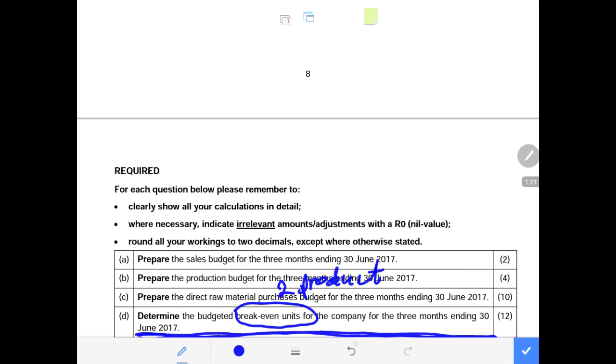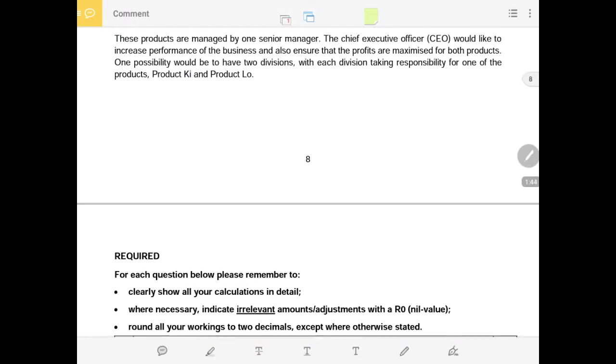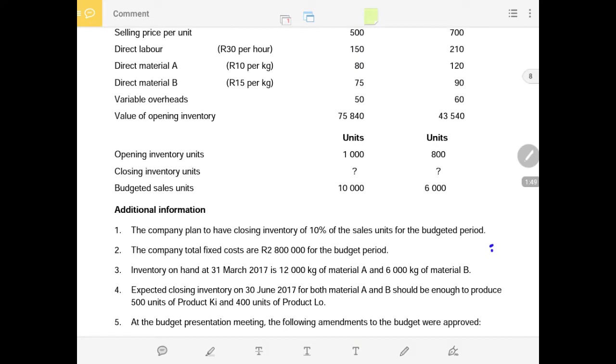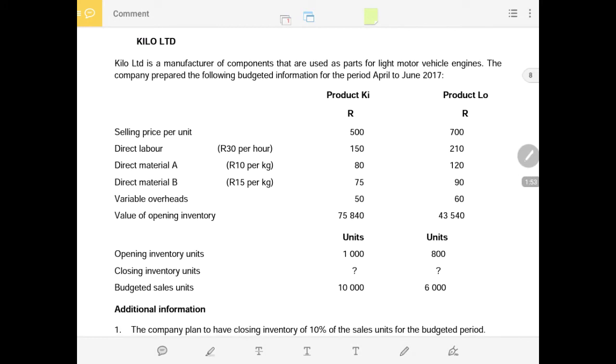But when the company is producing more than one product and we are required to calculate break-even point, there's more calculation to take into account. Also looking at the marks of the break-even point, it is 12 marks, because we are dealing with two products, not one product. Then the question is, how do you calculate a break-even point when the company is producing two products? That is also another question that I'll respond to.